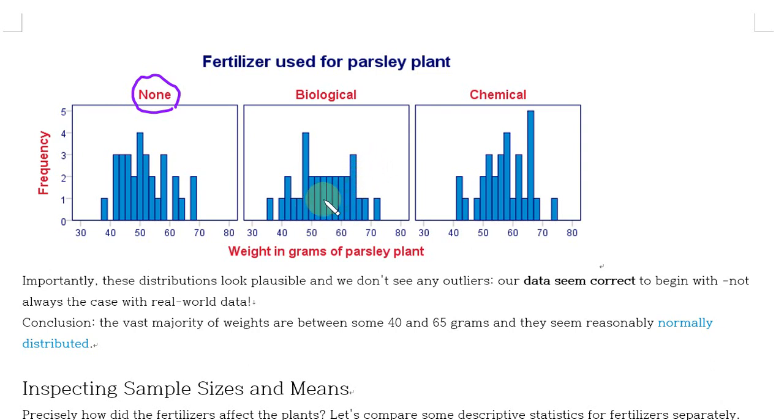Okay? The homogeneity checking is very important, and I emphasize every time, the histogram is the way to find homogeneity between groups, right? We have to check these assumptions, homogeneity.